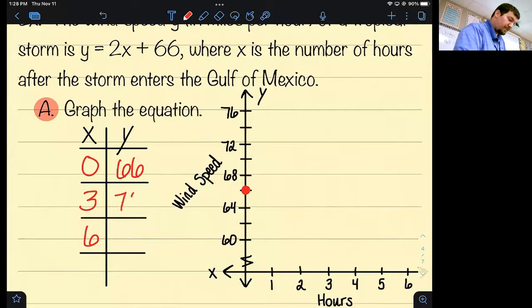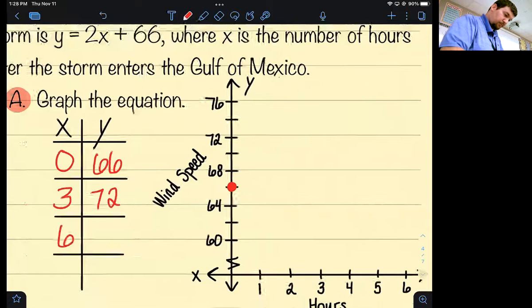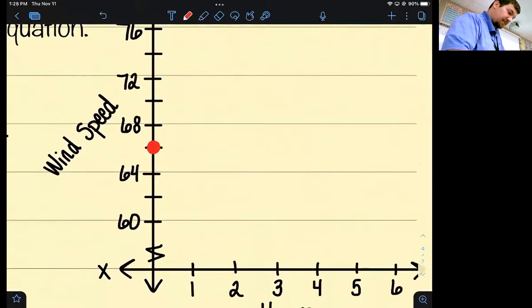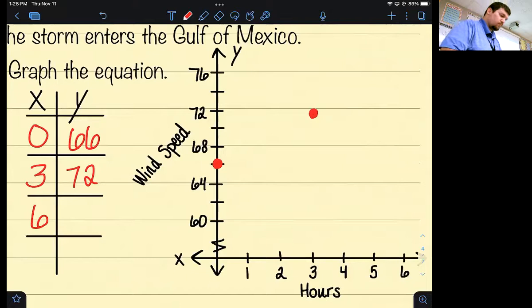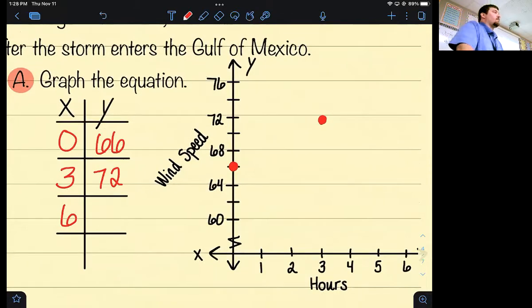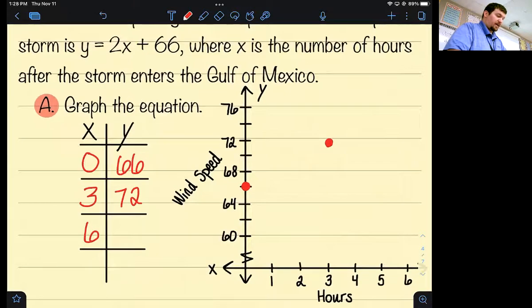So graph 3, 72, or your best estimate. And then plug in 6 for x. What's 2 times 6? And what's 12 plus 66?